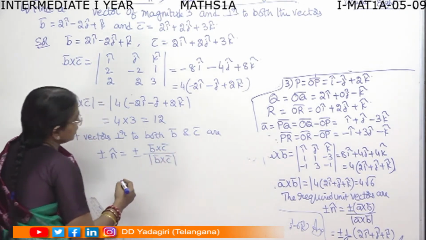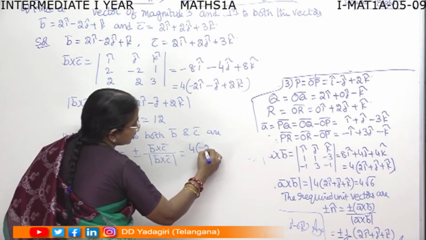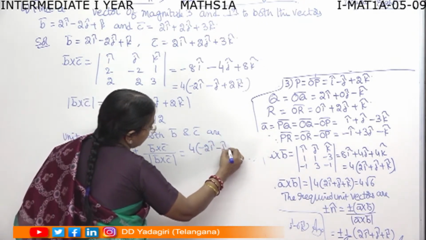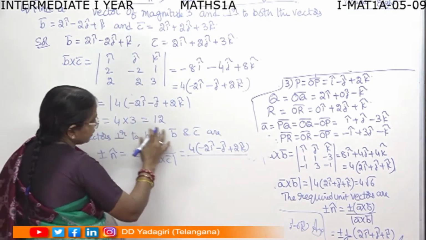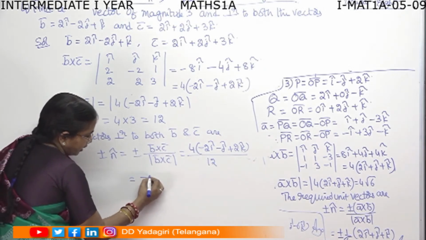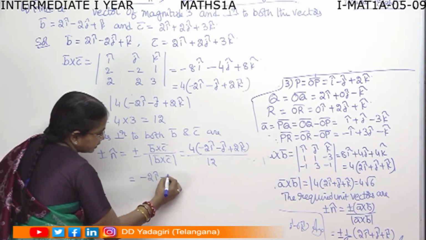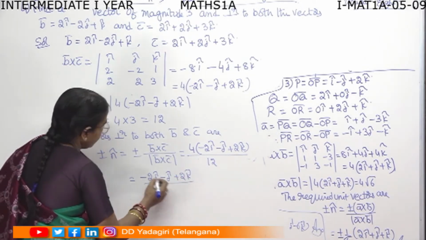That is equal to, b cross c is 4 into minus 2i minus j plus 2k, by mod of b cross c, which is 12, so 3 times it goes, so it is minus 2i minus j plus 2k by 3.